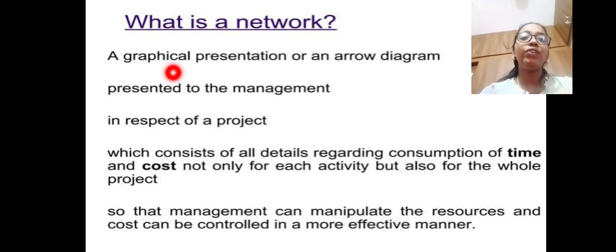A network is a graphical representation or an arrow diagram presented to the management in respect of a project, which consists of all details regarding time and cost, not only for each activity but also for the whole project, so that management can manipulate the resources and cost can be controlled in a more efficient manner.